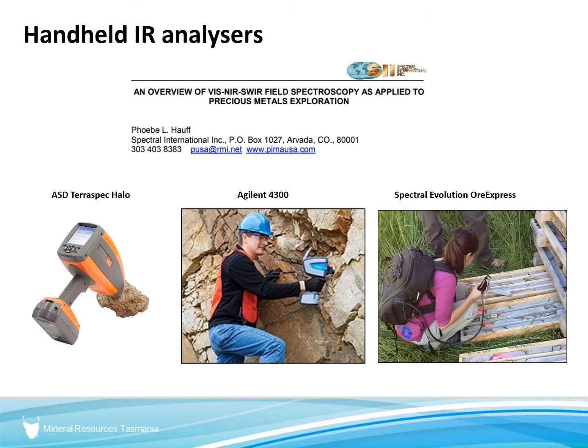The handheld analyzers are typically used in the field. The ASD Terraspec Halo is probably the most common one, and the Agilent offers thermal infrared capture as well as normal shortwave infrared.